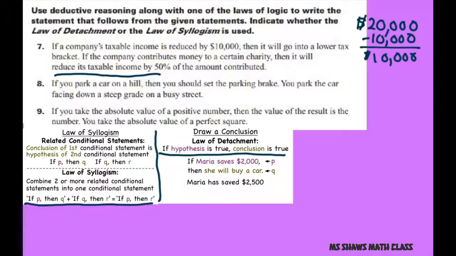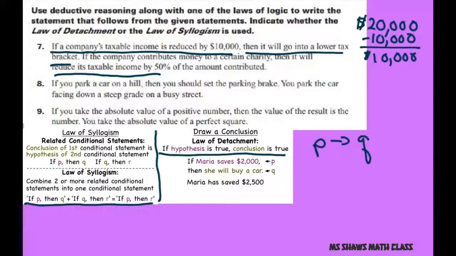We have to use deductive reasoning. Basically it's saying if the company contributes $20,000 to the charity, then it will go into a lower tax bracket. That's syllogism, because you have if P, then Q. If a company is reduced by 10,000, then it will go into a lower tax bracket.